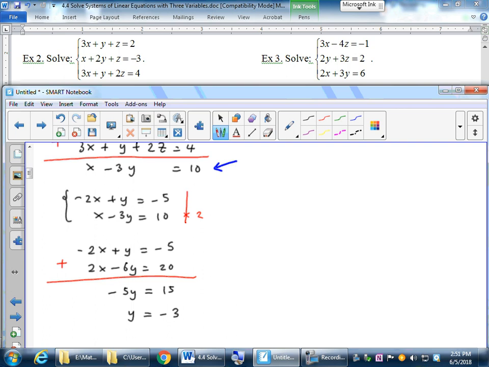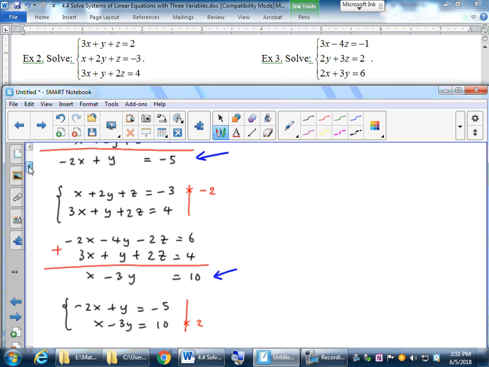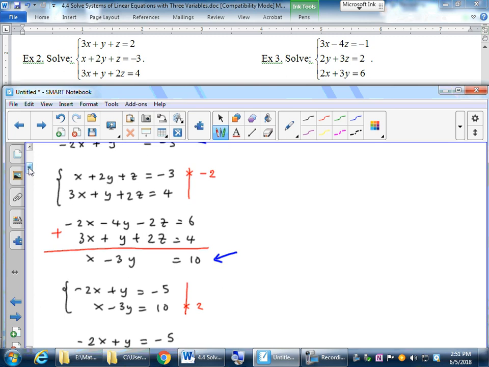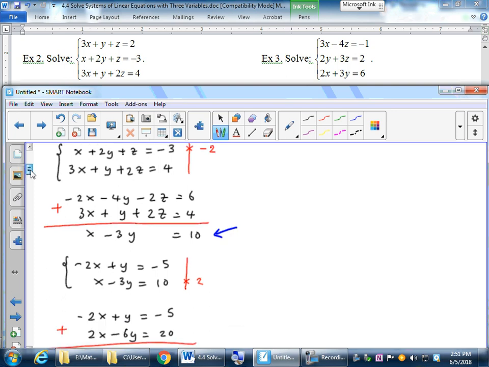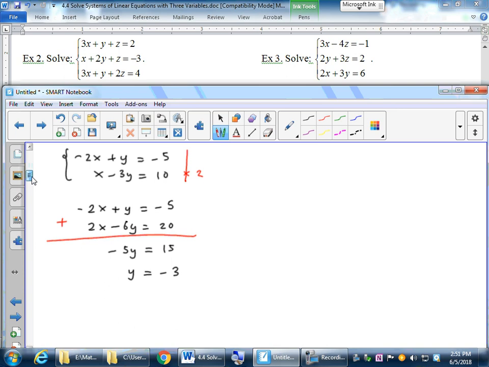So that means I have a choice of negative 2x plus y equal to negative 5, or x minus 3y equal to 10. So I have a choice of these two. Right?